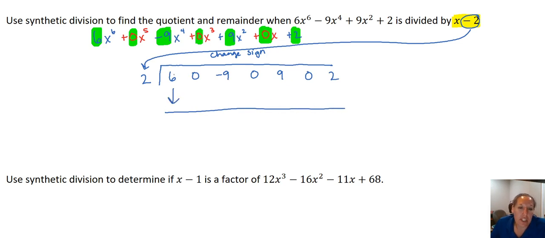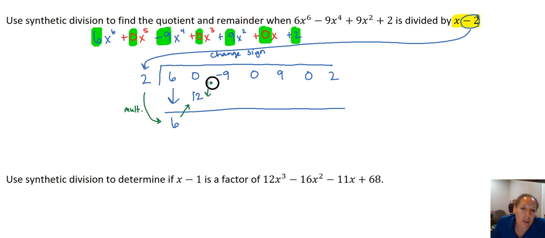That first coefficient, the 6, our leading coefficient, is always going to come straight down. And then we are going to multiply our number out front by the number on the bottom and write it in the next blank. So 2 times 6 is 12.